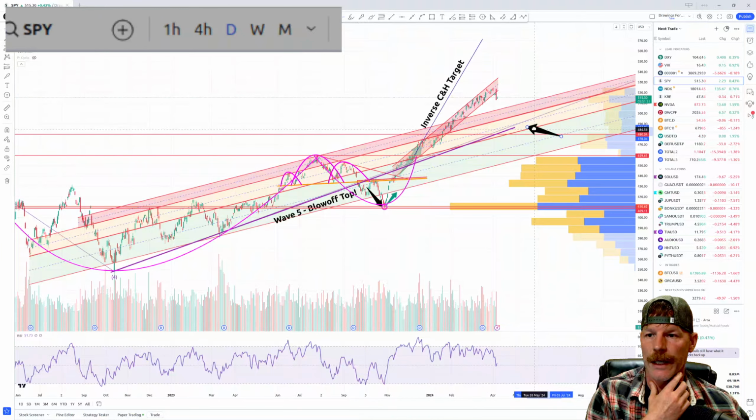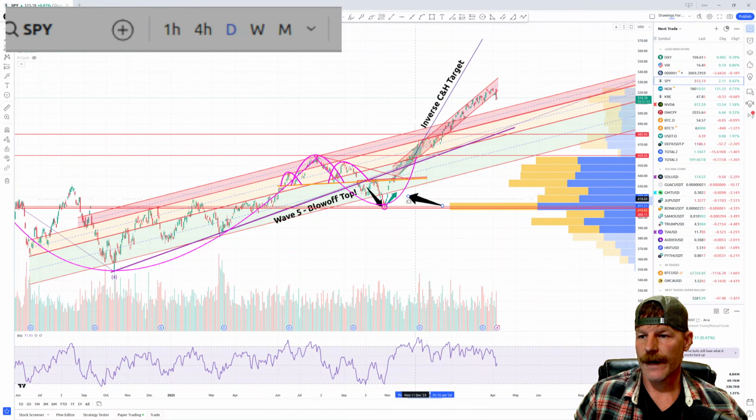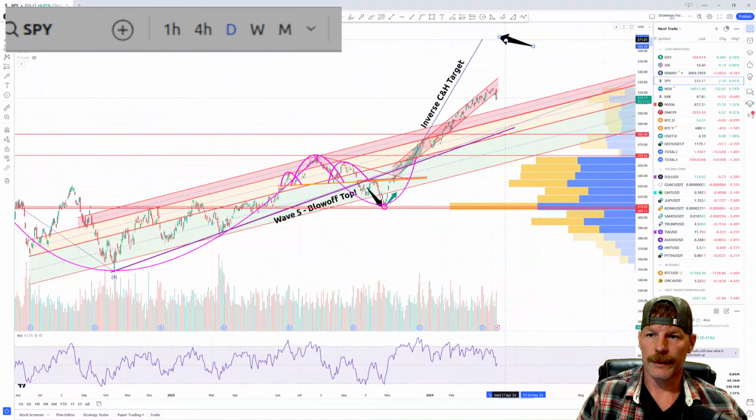You can see my target for this inverse cup and handle, this larger inverse cup and handle pattern, is way up here at around 570, 575, somewhere in there. And that's what I've been saying all along for this wave 5 of this blow off top, which is playing out. It's definitely playing out. We've beaten previous highs, and we are continuing. The market will continue to be irrational for quite some time.